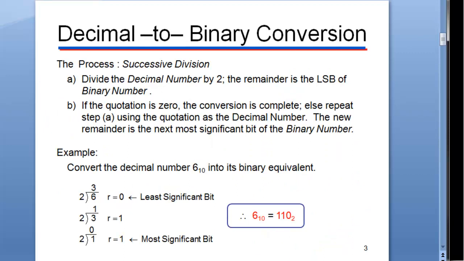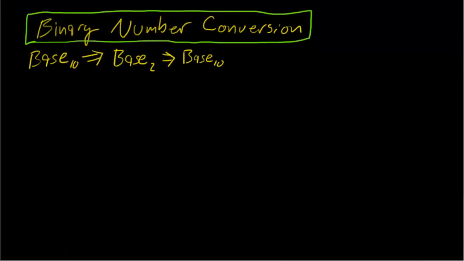When we're looking at our binary numbers, the easiest way to convert a base 10 number into binary is to use successive division. We just keep dividing our number by 2.